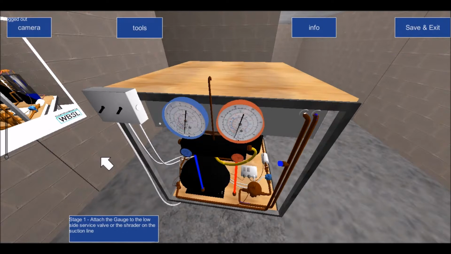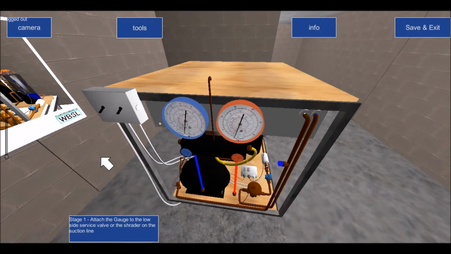The main problem with air is that it contains moisture, and moisture, when it mixes with refrigerant oil, causes that oil to become acidic. Moisture also freezes at 0 degrees Celsius, so when it gets to the expansion device, which creates a pressure drop that could be lower than 0 degrees Celsius, you potentially get freezing of the water content, causing an ice blockage that prevents the refrigerant from going past the metering device.